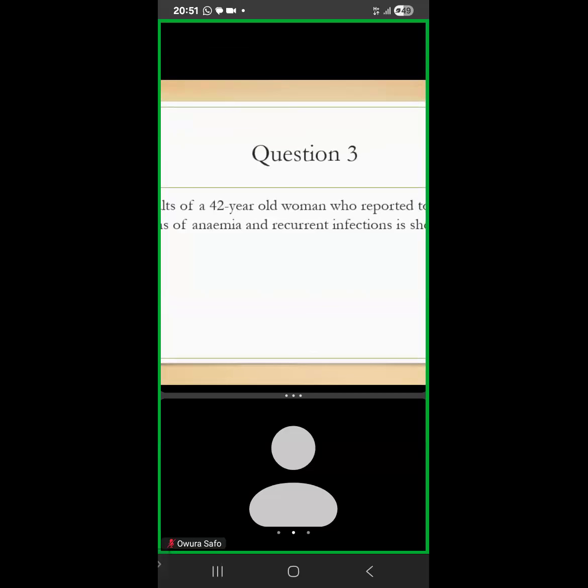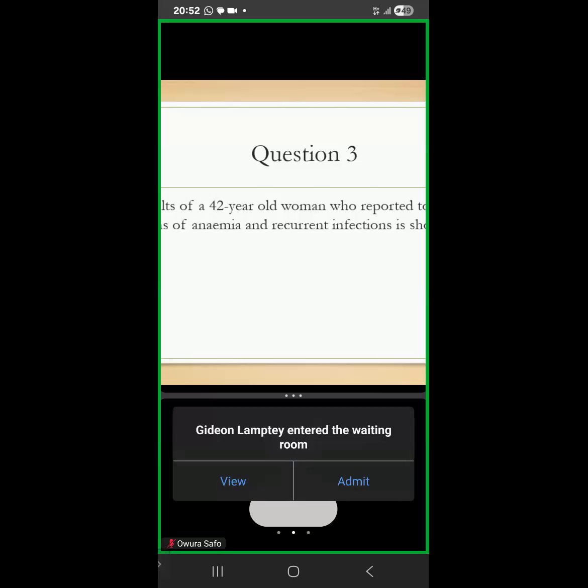Results of a 42-year-old woman who reported to the doctor with signs of anemia and recurrent infection is shown.